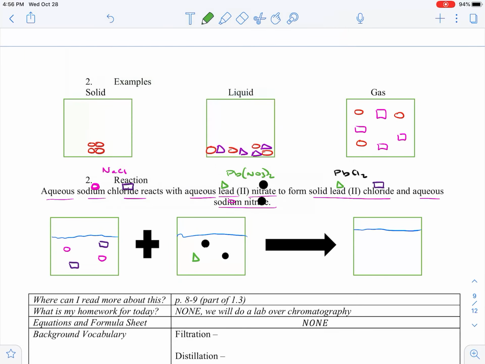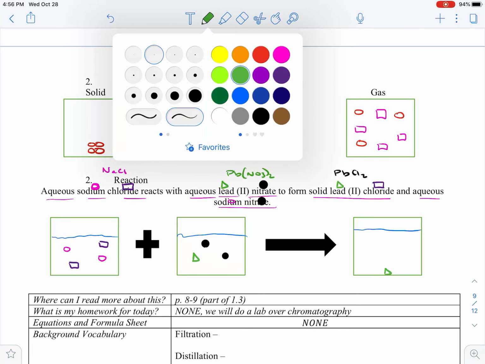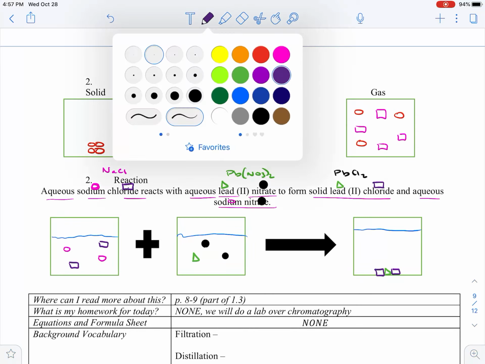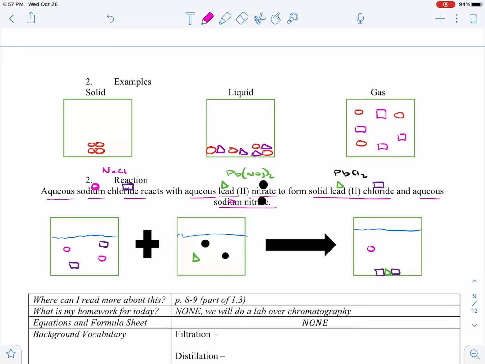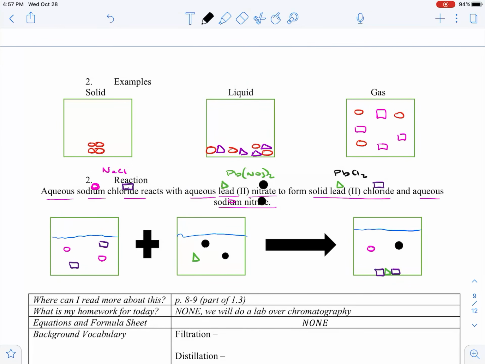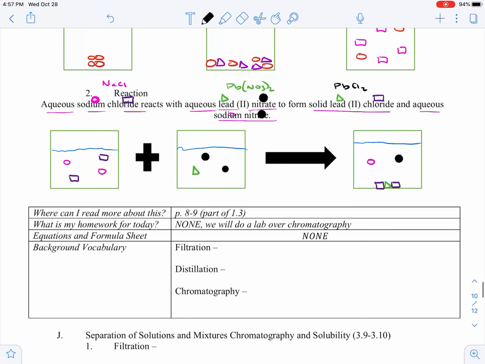Our triangle was green, and remember it doesn't take the shape of a container, so it's going to stay there on the bottom, kind of rigid. That would be our solid lead chloride, and we've got 2 chlorides for every lead. Then for our sodium nitrate, we need a pink one and a black dot, but we need the dot to be a little bit bigger. And there we go. So there we have a particulate diagram for that reaction.